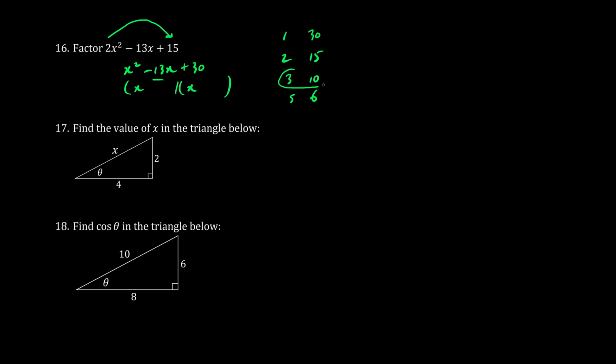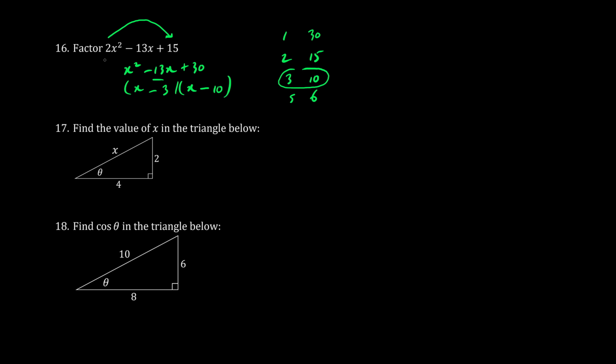Let's focus on this one here. So we'll write 3 and 10, because 3 times 10 is 30, but somehow if you change the signs, plus or minus, it feels like we can possibly get a negative 13. So let's write negative, negative here, and it's right.